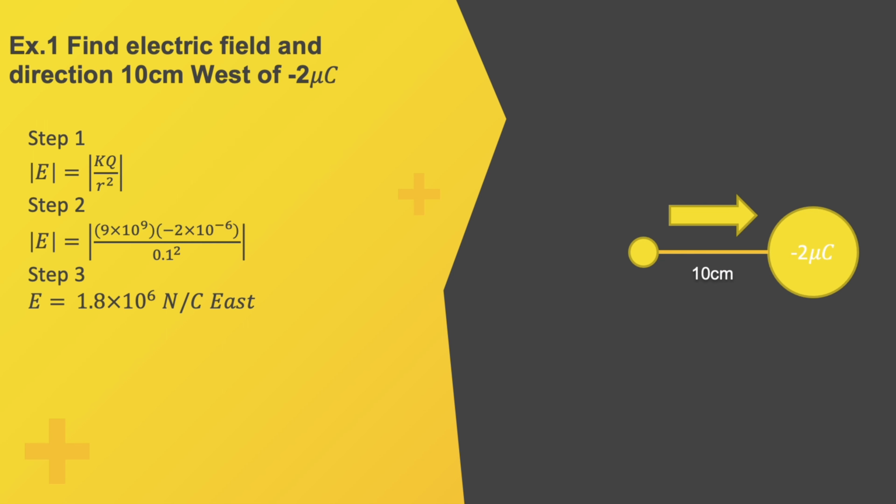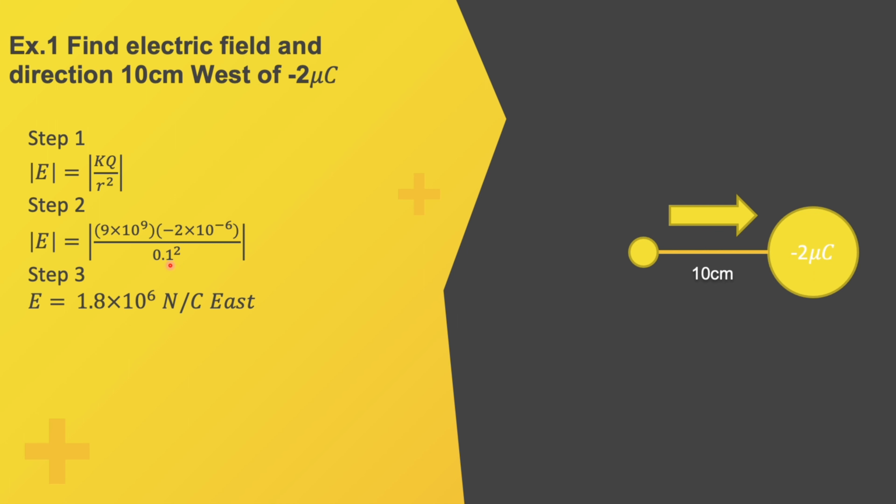Now let's calculate the magnitude. So step 1 is to first get the formula we are going to use for this. And due to us knowing the magnitude of the source charge, we're going to use E equals kq over r squared. So step 2 is to plug in all the values that we know. And due to it being 10 centimeters away, we have to change that to meters due to us using meters in this formula.